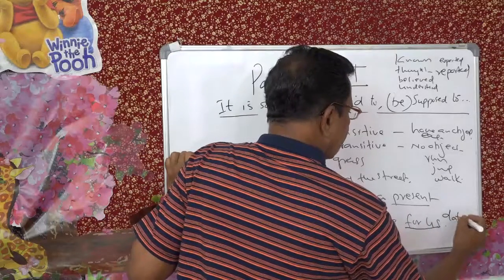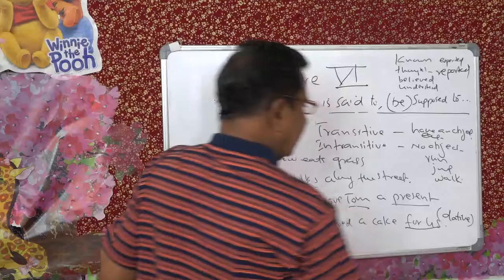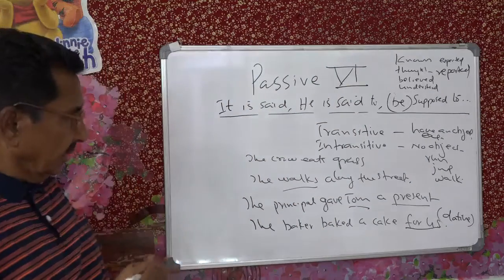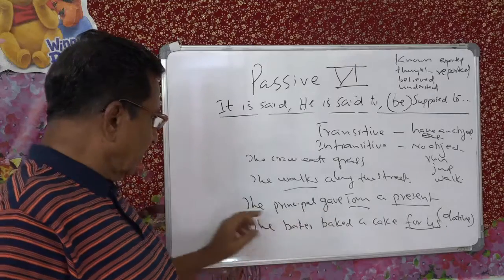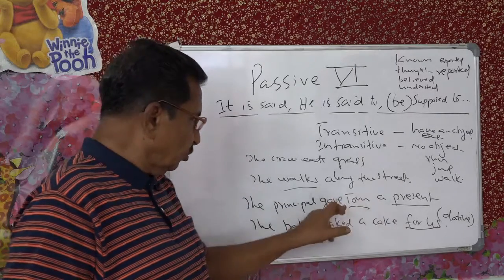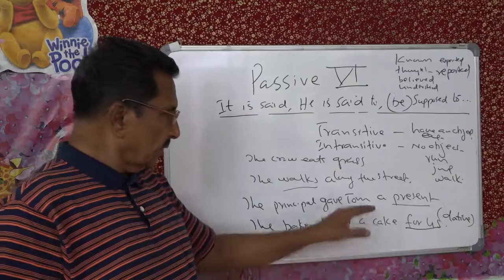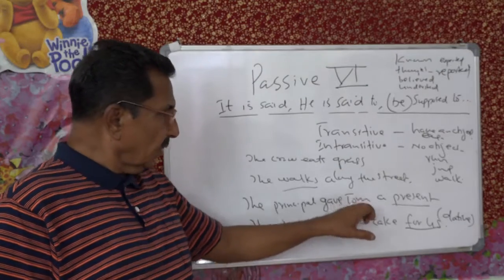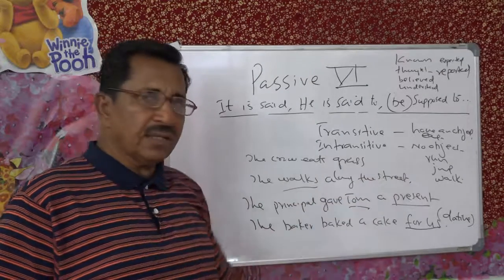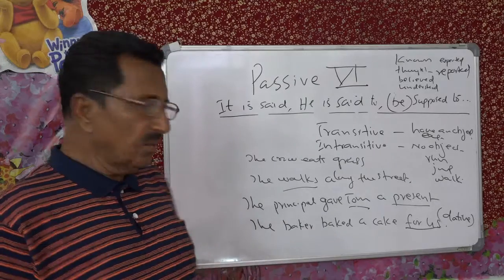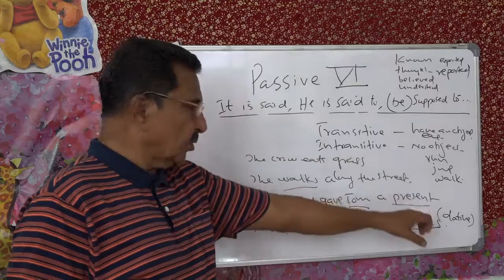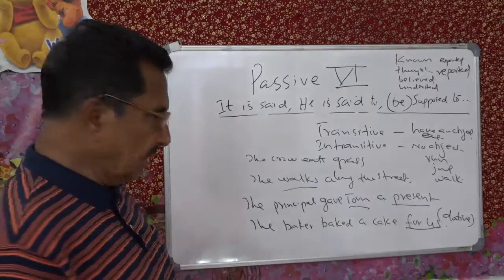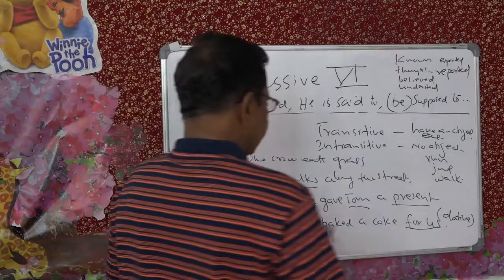I think I have already told you this. Dative means indirect object. In this, the dative cannot be moved. Here you have moved the dative, because the principal gave a present to Tom. Since you have written Tom here, you gave to Tom a present, that looks stupid now. So the principal gave a present to Tom.